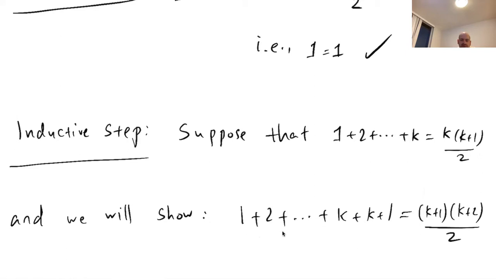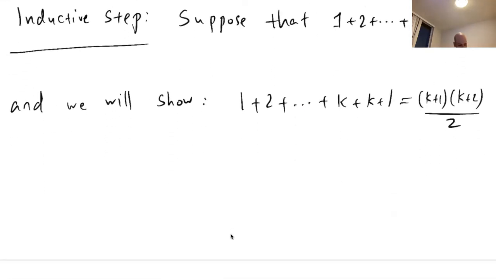For the first k terms, I am assuming that it's equal to k times (k plus 1) over 2. So why don't I replace it with that, and then see what happens.